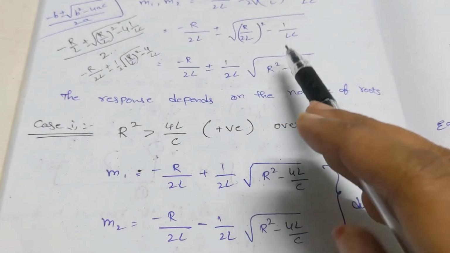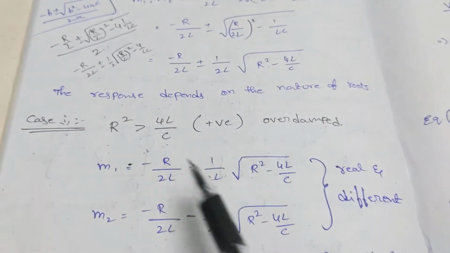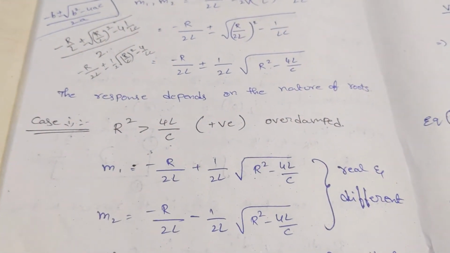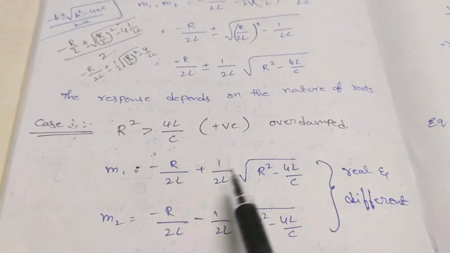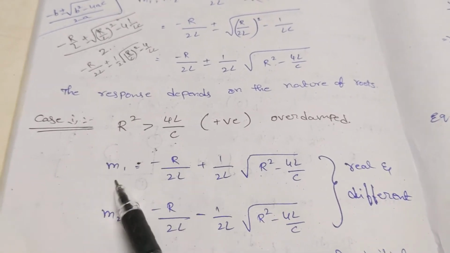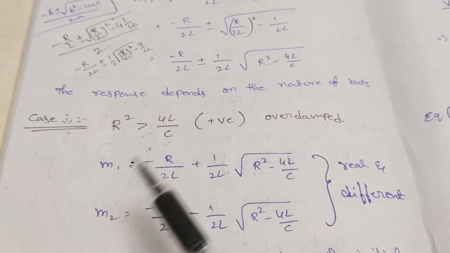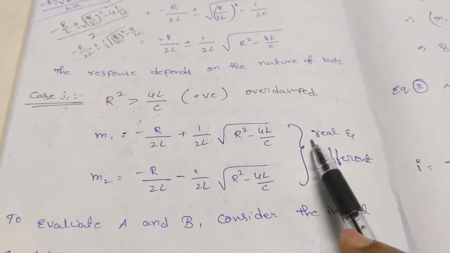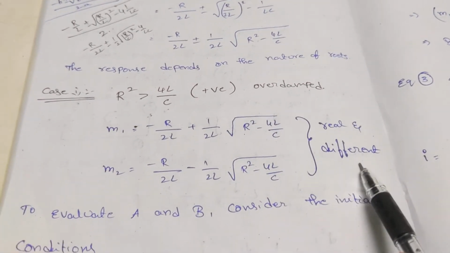But your m1 and m2 values will differ, because in one case we are adding the value, in the other case we are subtracting the value. Then we say that the roots are real and different.